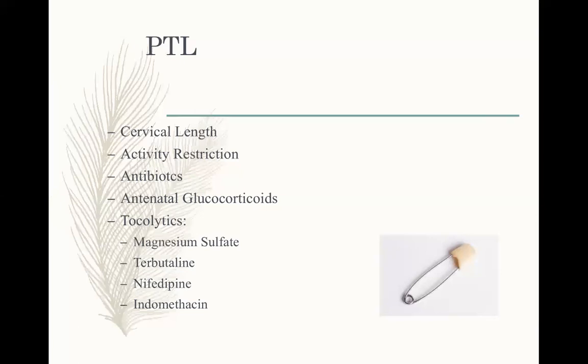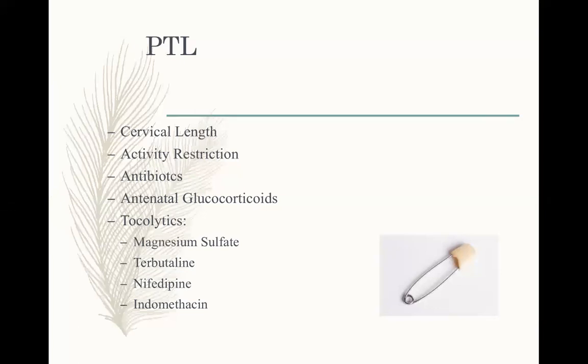And then indomethacin is an NSAID, which we're going to be careful, because if the baby is less than 32 weeks, we can cause a closure of the PDA because it blocks the prostaglandin production. However, it's great at stopping labor.